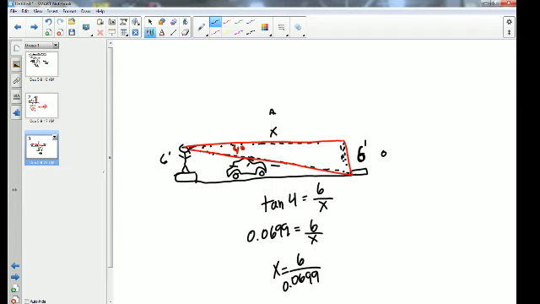Okay, divide. Okay, there you go. Do I have to subtract or add anything?